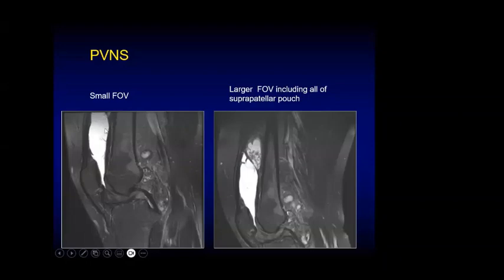So we had to recall the patient and do an extended field of view of the upper portion of the suprapatellar recess, because the surgical treatment is very important here, and they do radiotherapy post-operatively to prevent recurrence. If we did not bring this patient back, and if we did not include this part of the synovium, they would have missed this treatment after surgery. So remember, with PVNS, image the entire synovium. An image like this is not acceptable.